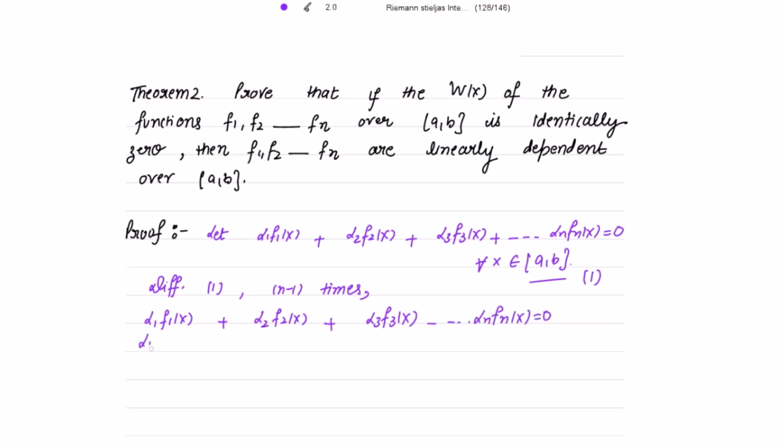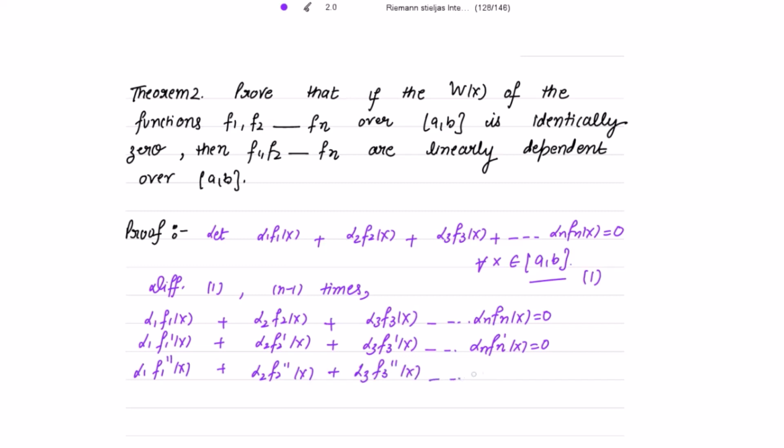Now taking the first derivative, and then taking the second derivative, and likewise, now I'm differentiating this up to the n minus 1th time.